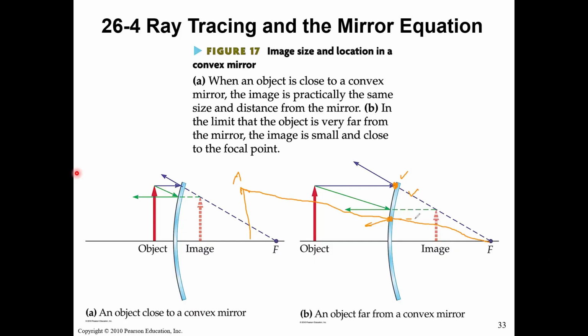We extend the parallel light, find out the cross section with this blue dash line. We see that the cross section point moves to a lower position. Okay, so this tells us the image that is formed is getting smaller and closer to the focal point.